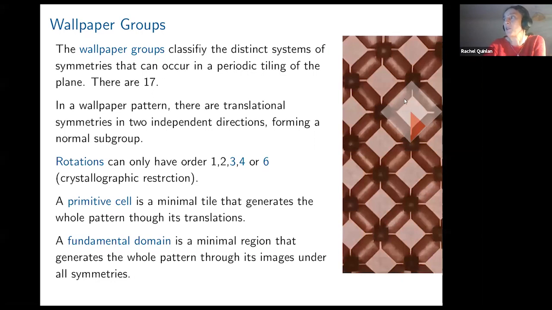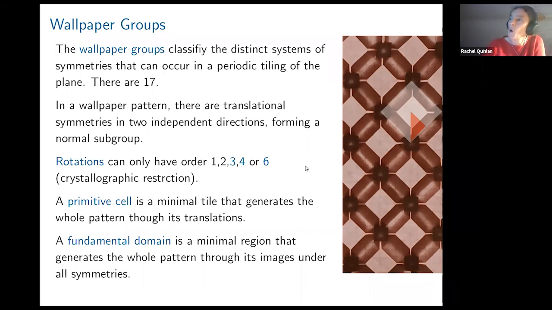If we then rotate through all the rotations about the center of the square, we can fill up the whole square. And once we've done that, we can use the translations to fill out the rest of the picture. So there's a slight distinction between a primitive cell, which is the basic tile, and a fundamental domain, which, if you allow yourself to also perform all the rotational and reflectional symmetries, would give you the whole pattern as you spread it around the picture.